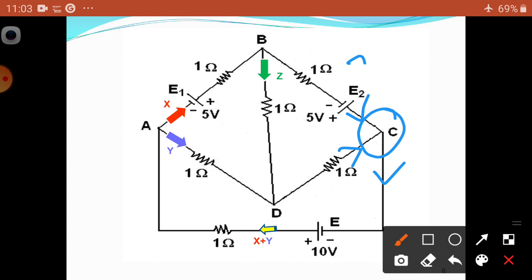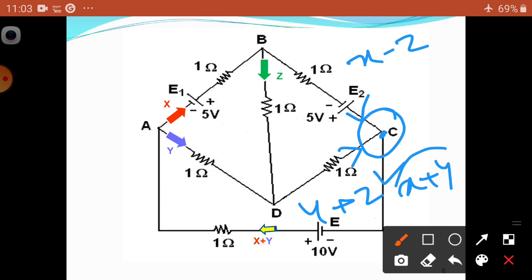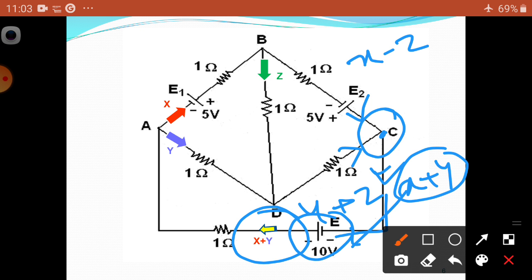What is this current? X minus Z. This current is equal to Y plus Z. Combining these, we get X plus Y. The current coming out of the C network and entering the battery is X plus Y.